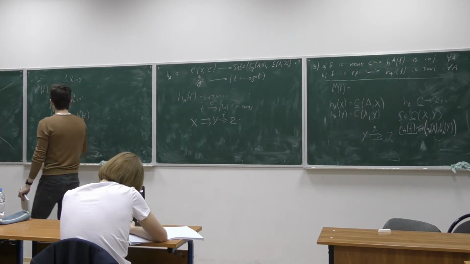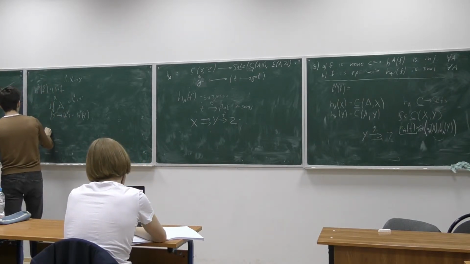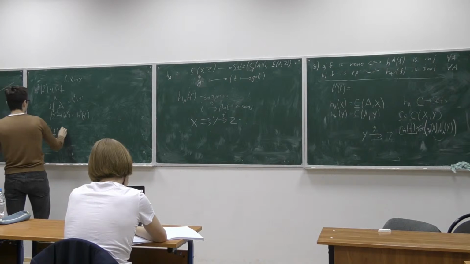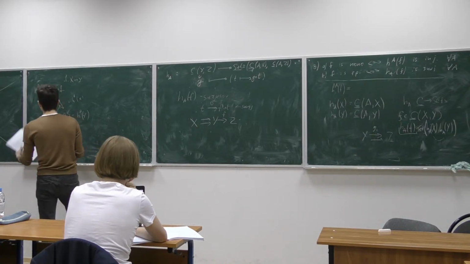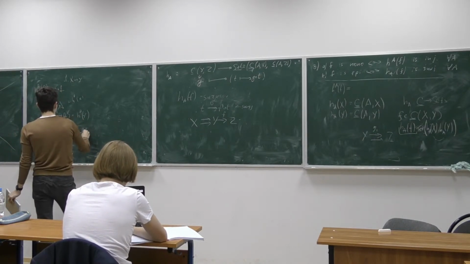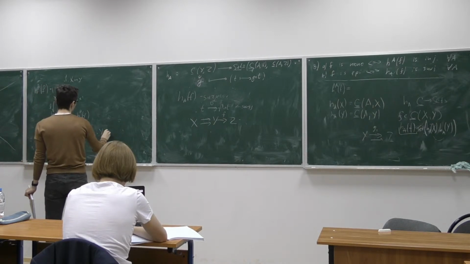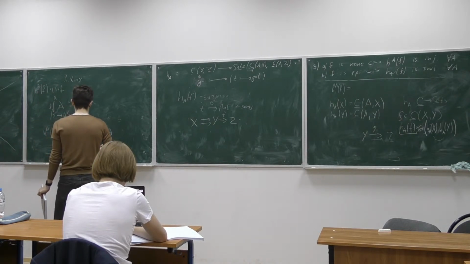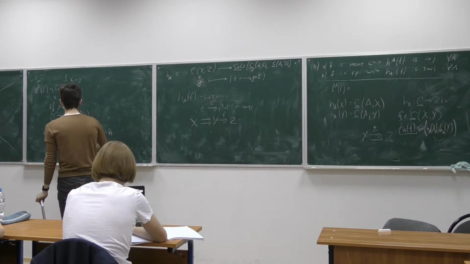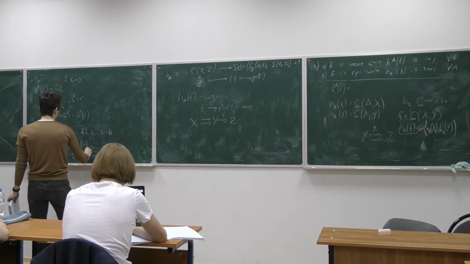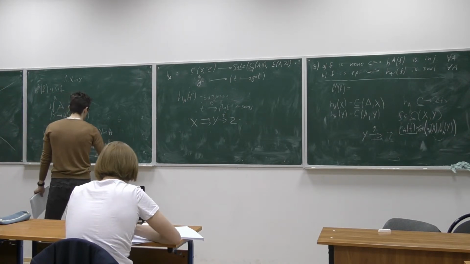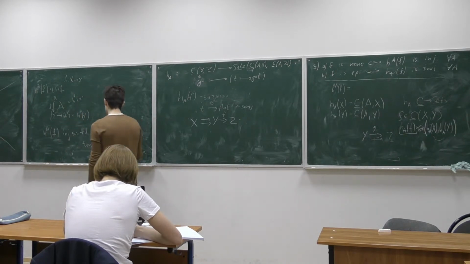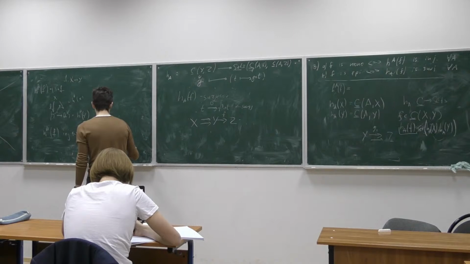Now, this map being injective is equivalent to the fact that for any maps T1 and T2 from Y to A, T1 after F equals T2 after F implies that T1 is equal to T2, right?